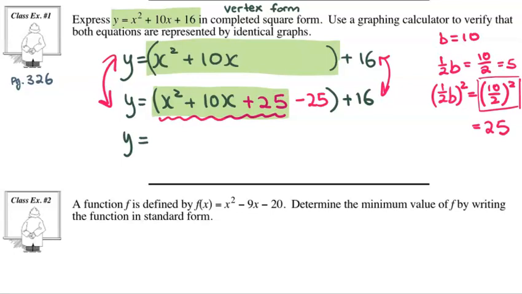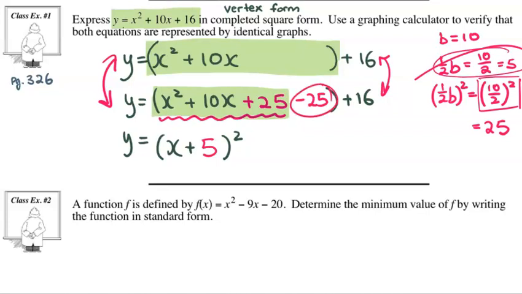Instead, I'm just going to look at my 3 terms. I know that these highlighted 3 terms form a perfect square of x plus half of the b value all squared. I can replace half of this b value with the 5 that I calculated over there, so x plus 5 all squared. And then this negative 25, okay?